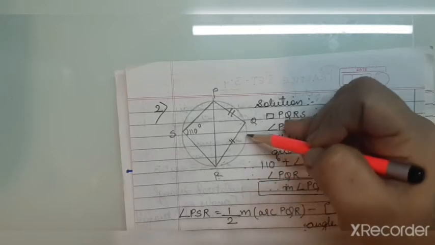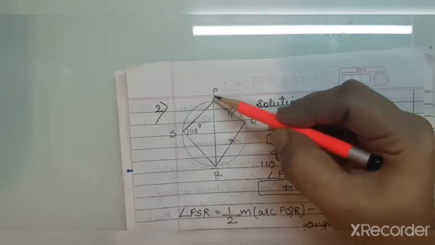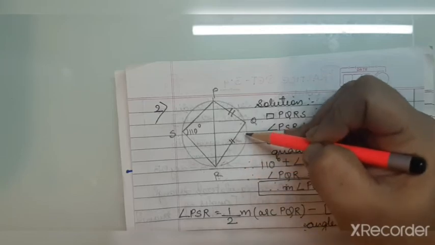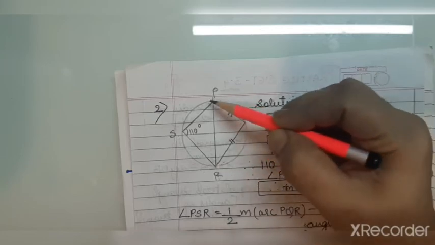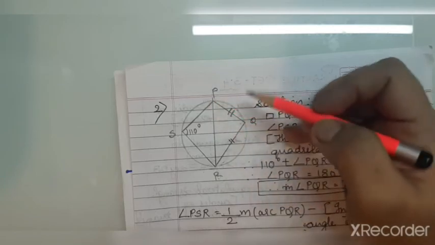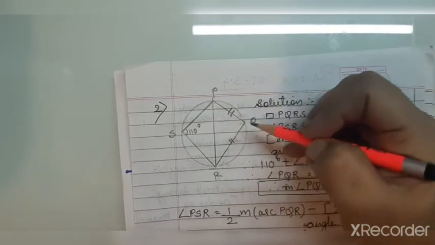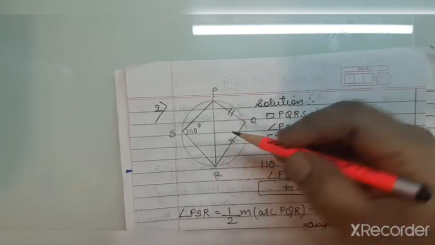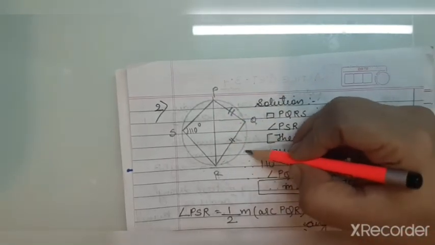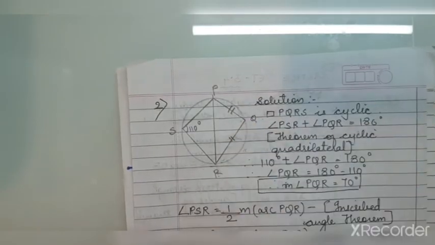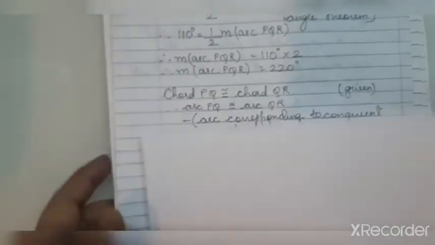We have studied this property, the theorem also. So if arc PQ is congruent to arc QR, we know arc PQR is 220. So 220 is equal to PQ plus QR. Now PQ and QR are congruent, so we can consider them as X and X. So X plus X is 220, and accordingly we can find the answer.